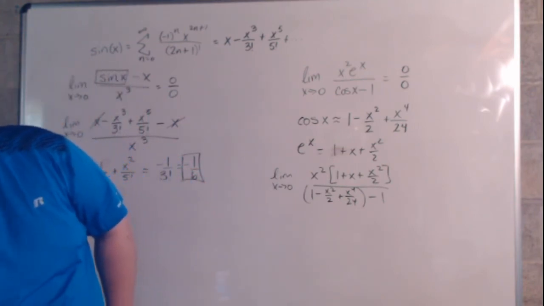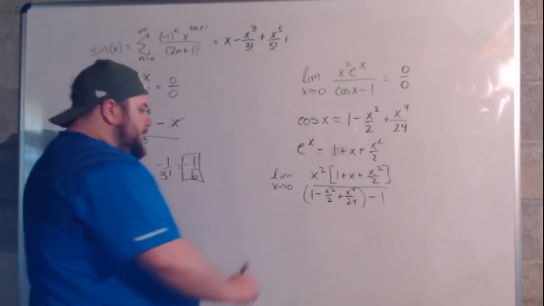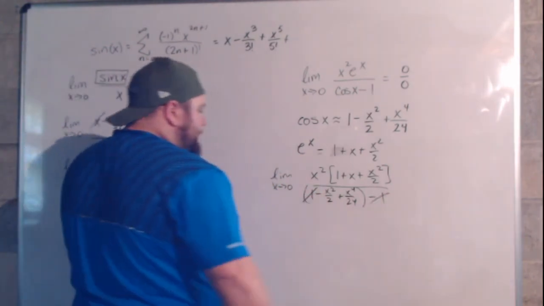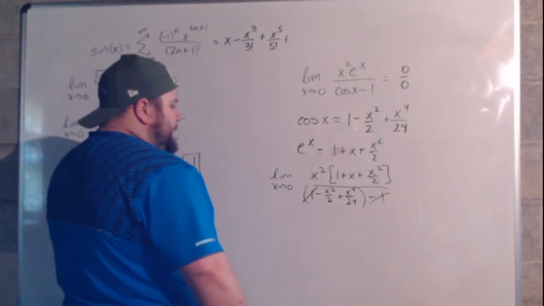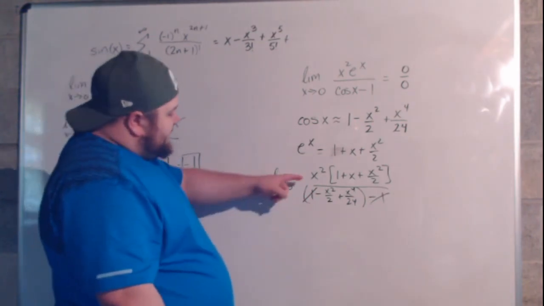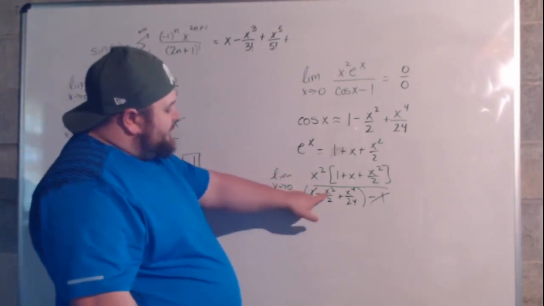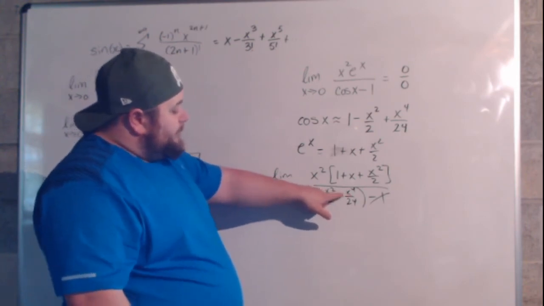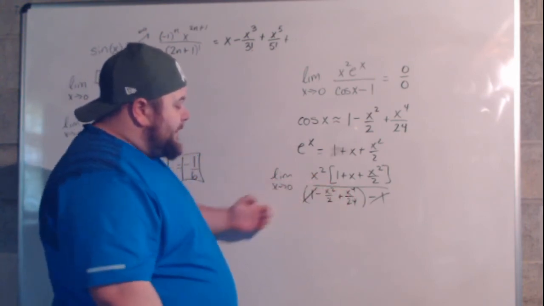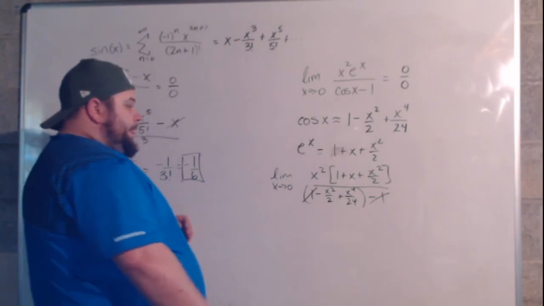I'm going to eliminate these 1s. And then what I would like to do is I see there's an x squared out here, and I know that both of these have x squared in them. So I'm going to factor out an x squared in the bottom.